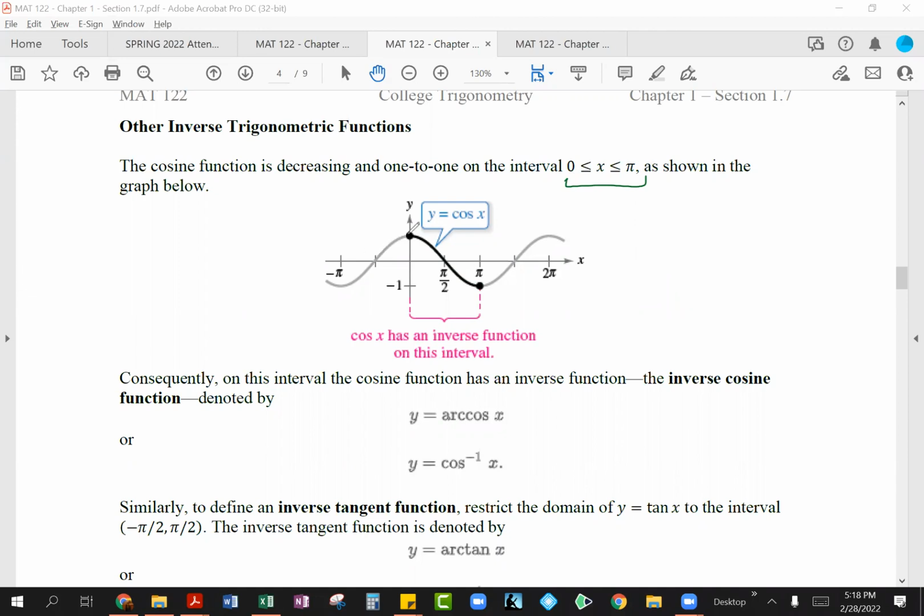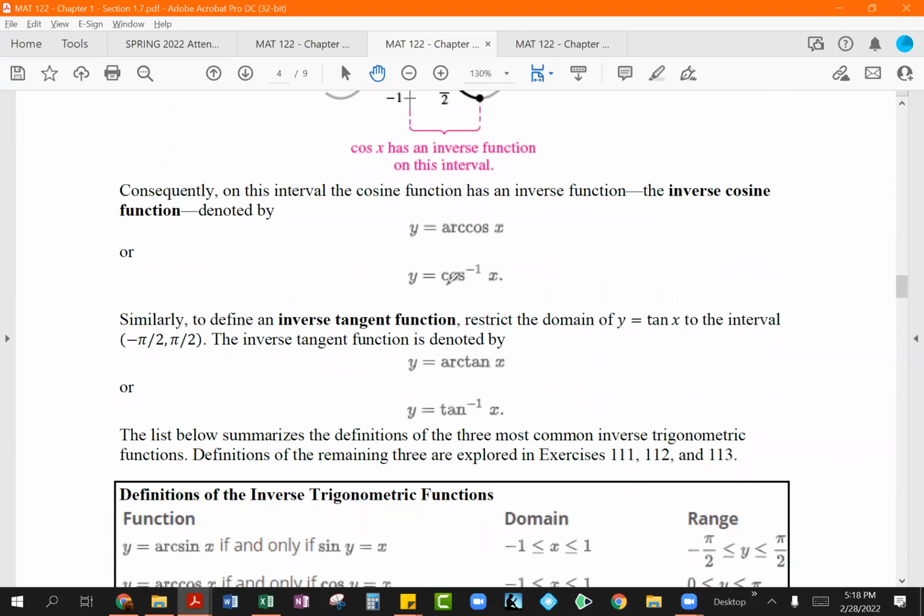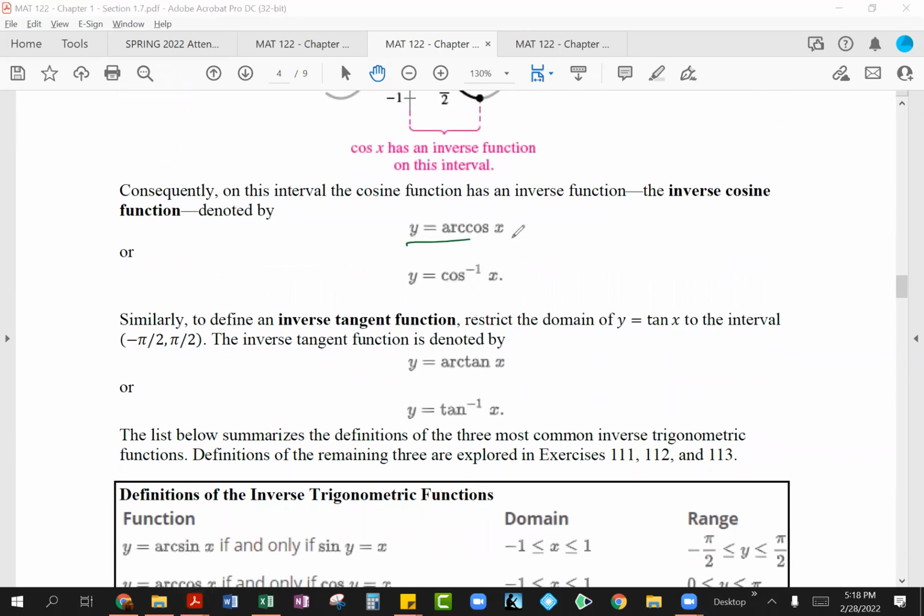And then obviously you will go from +1 to -1, so you are getting that full range of the y values. If we restrict the domain, we of course have a 1-to-1 function because your horizontal line will cross the graph at only one point. So the inverse cosine function is what we would call arc cosine or inverse cosine.